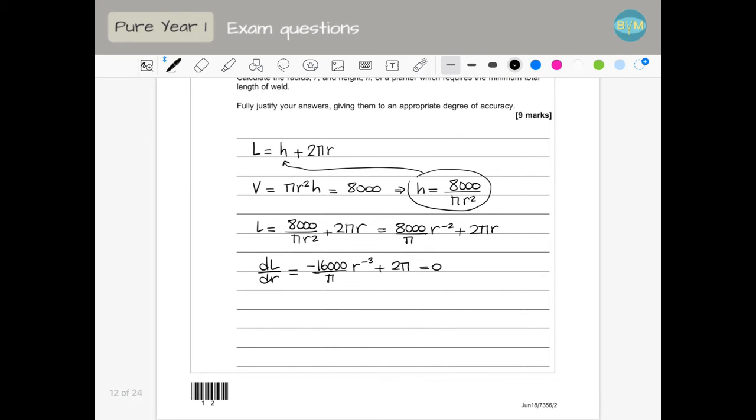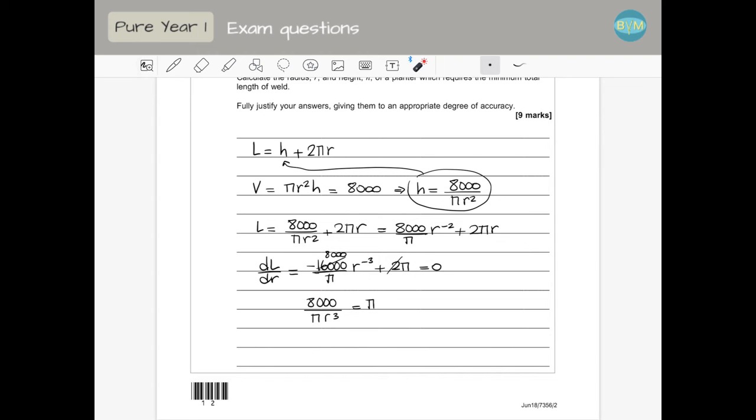So I can simplify everything by 2, just to have slightly smaller numbers. So this is 8,000 over pi r cubed, equal to 2 pi divided by 2, which is pi.